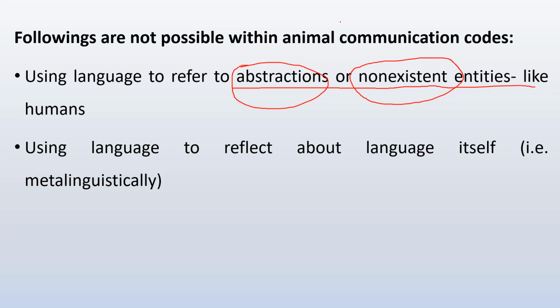Do you know anything like that? Things which we can talk about, but they are not really there in the world. Any example for non-existent entities? No idea.